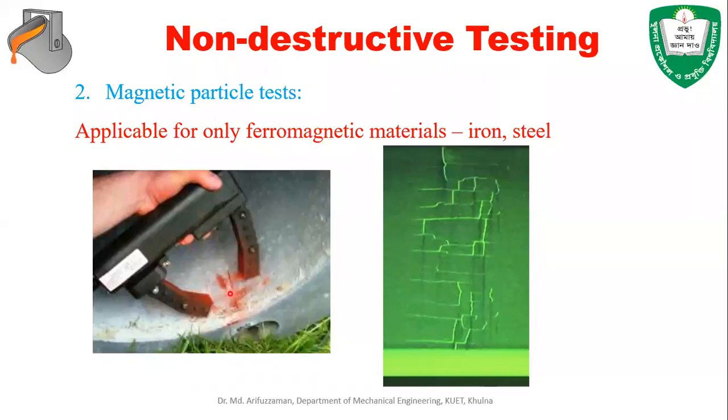You hold this specimen in various directions and then sprinkle the iron powders on the surface, and then you will be able to see the cracks where the iron powders accumulate. Okay, when they get strongly accumulated on the surface, then you will be able to identify that there is a crack.